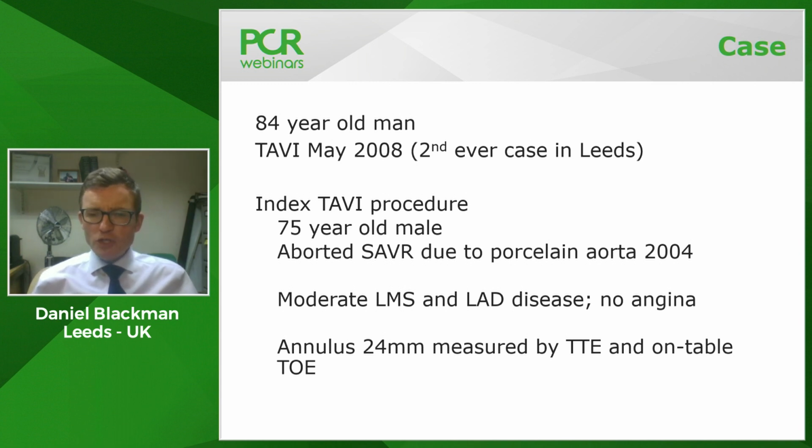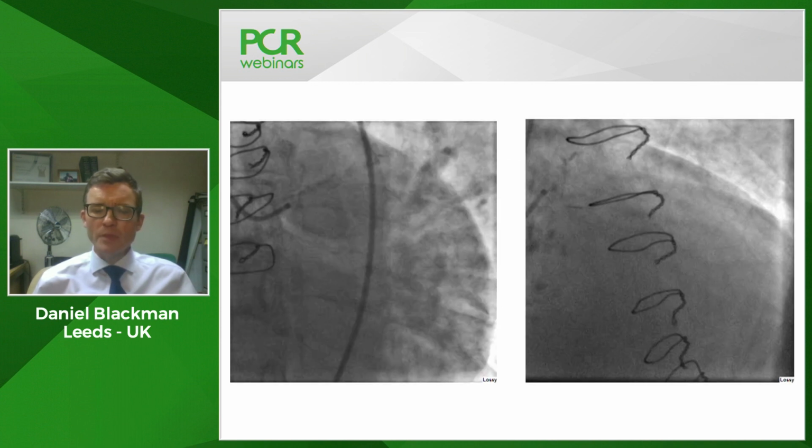He did have some degree of coronary artery disease prior to his index TAVI procedure, and I'll show a couple of angiographic images, but no symptoms of angina. At that time, we weren't using CT. We actually measured the annulus by transthoracic echocardiography and then an on-table TOE, and that measured his annulus at 24 millimeters.